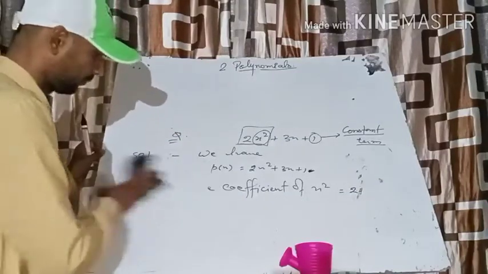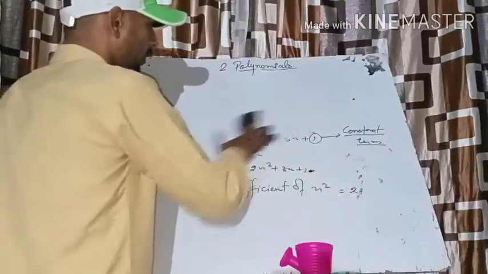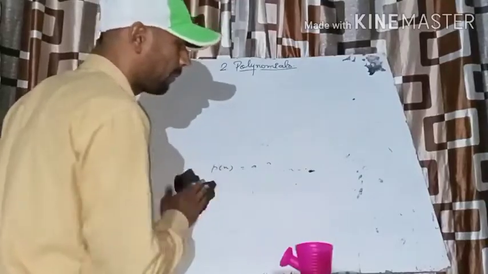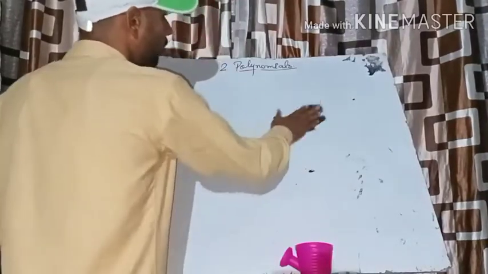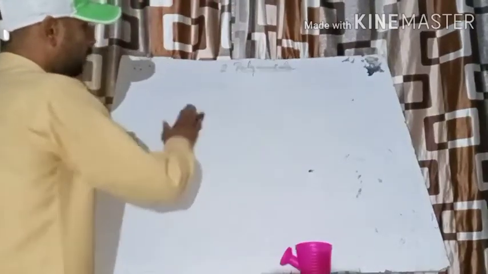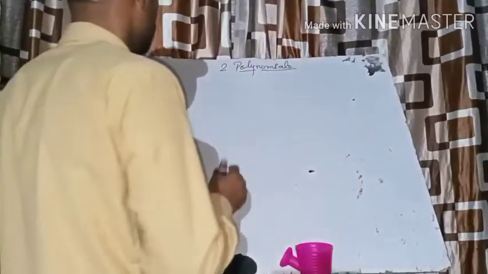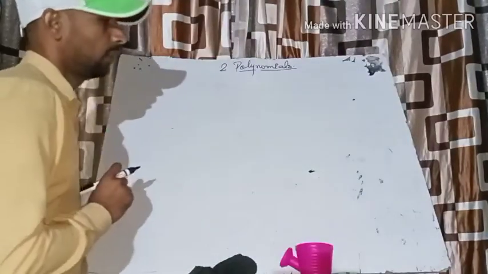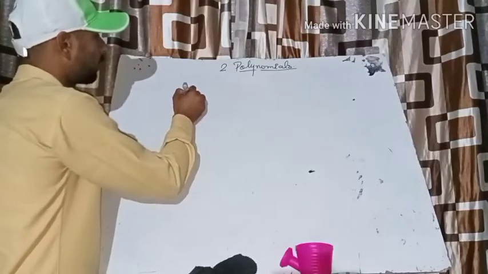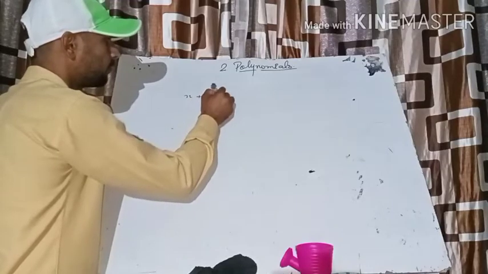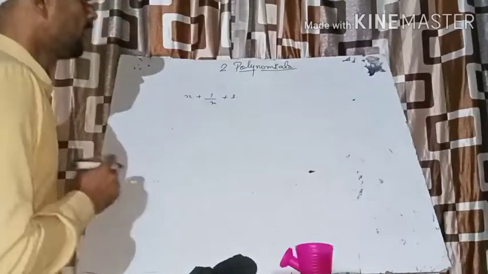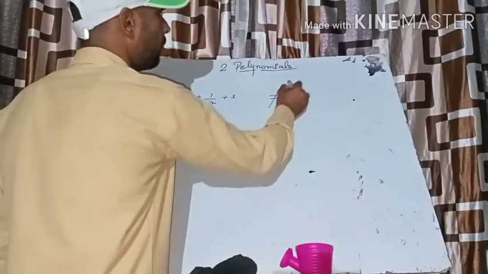Next, if we have an algebraic expression but we don't know whether it is a polynomial or not, then for that purpose, if your algebraic expression is written in this form, then it will never be a polynomial.